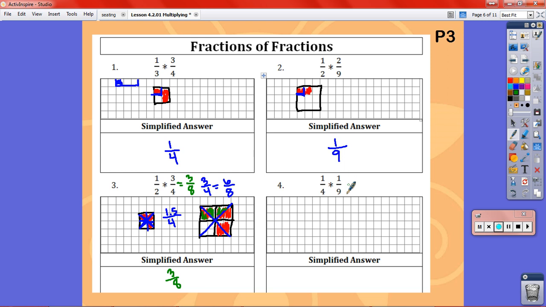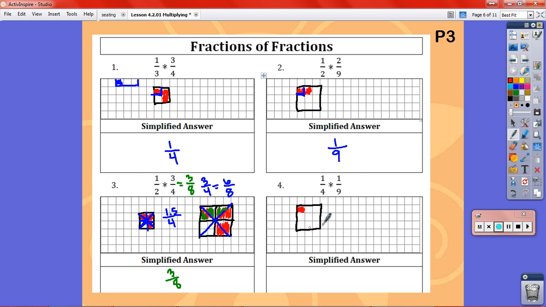We have 1/4 of 1/9. So 9 pieces looks like this. And we have 1 of them filled in. But we don't have 4 pieces to take 1 of, so we have to make it 4 pieces to take 1 of. So if we split this 1 piece into 4 pieces, we have to split all of them into 4 pieces.